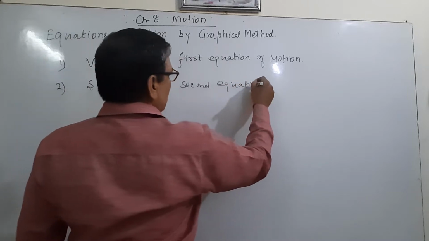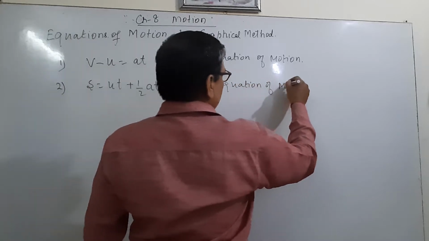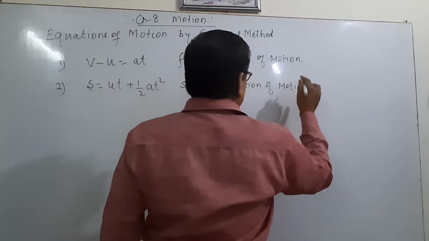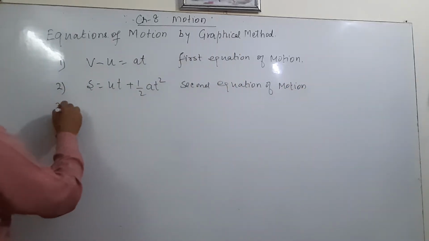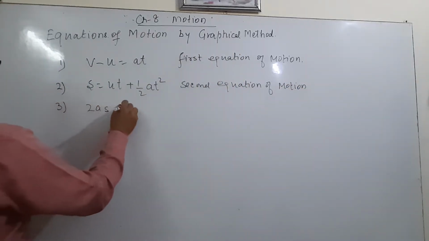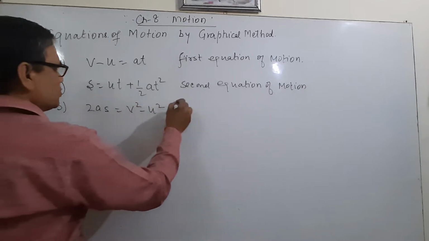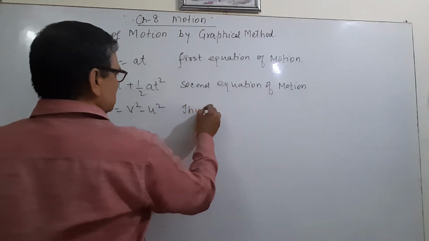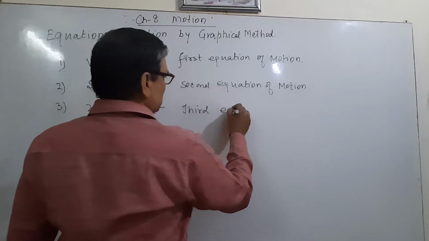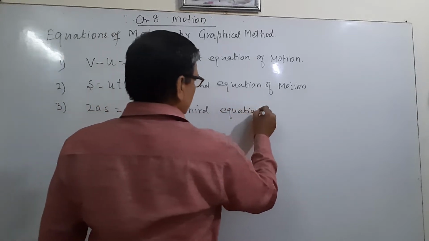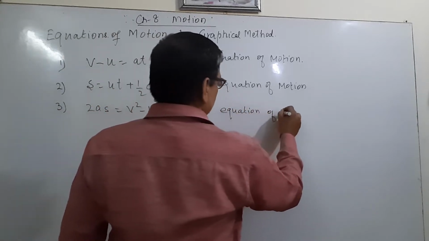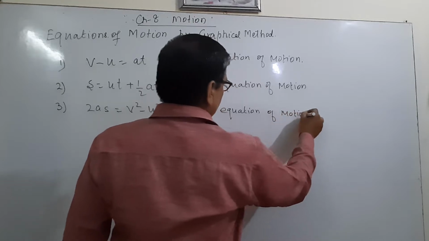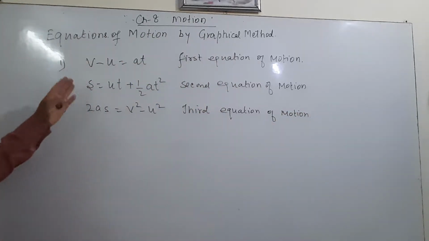Second equation of motion. And the third: 2as is equal to v square minus u square. Third equation of motion. Here are the three equations, and these three equations we will prove graphically.